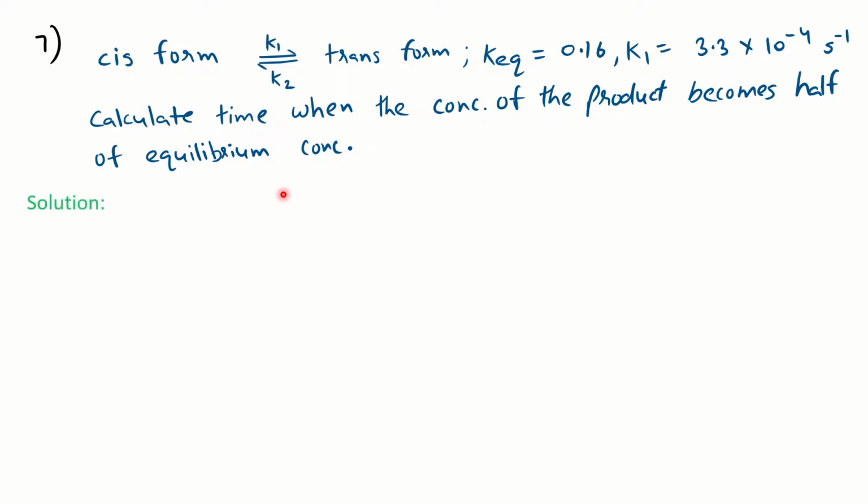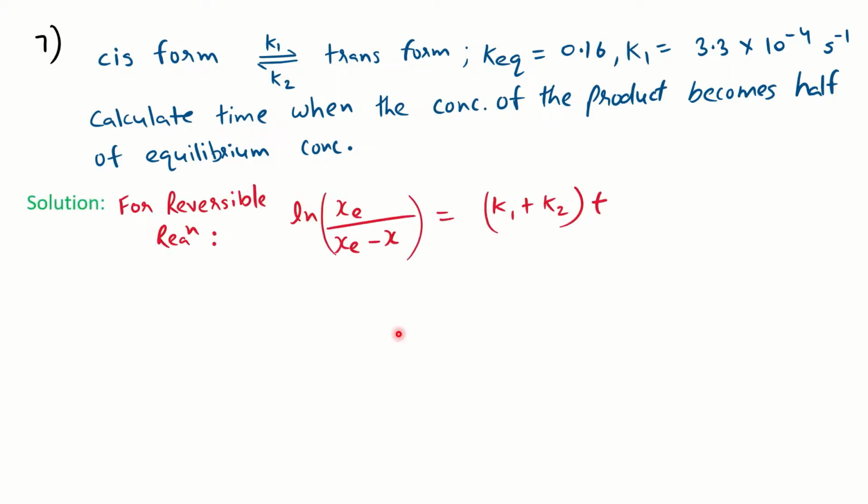So if you understand this question and you know the formula for the reversible reaction, right? This is a reversible reaction. The formula is ln of Xe divided by Xe minus X, where Xe is the concentration at equilibrium and X is the concentration of the product, is equal to K1 plus K2 into T. T is the time here and they are asking you to calculate T only.